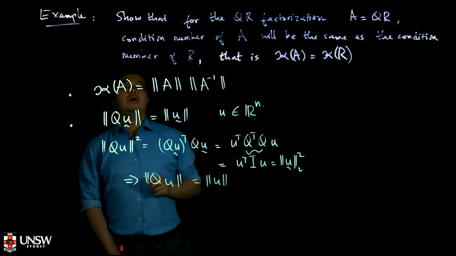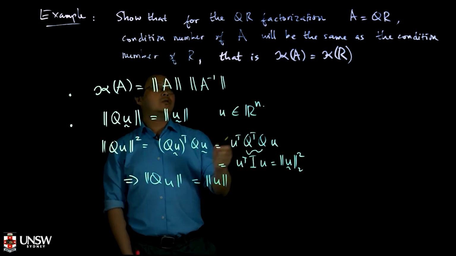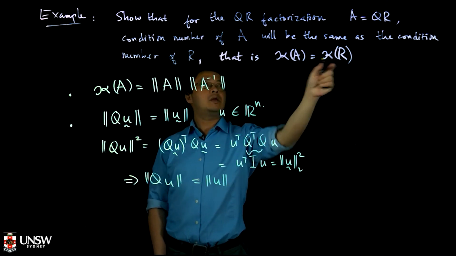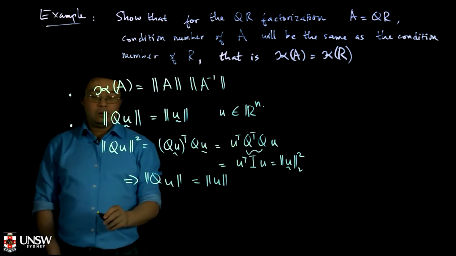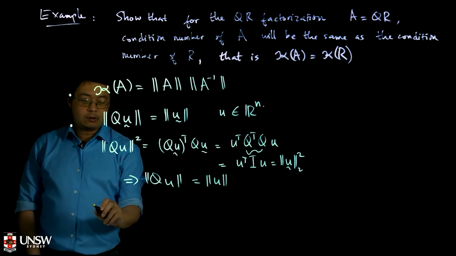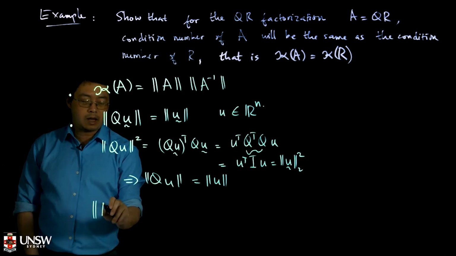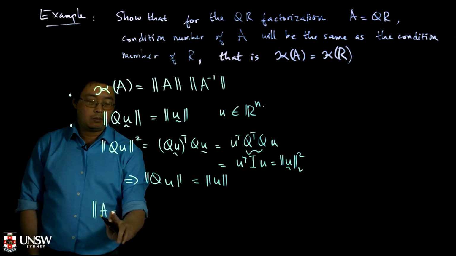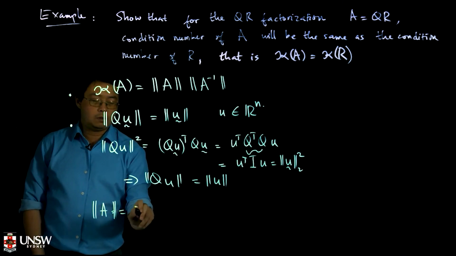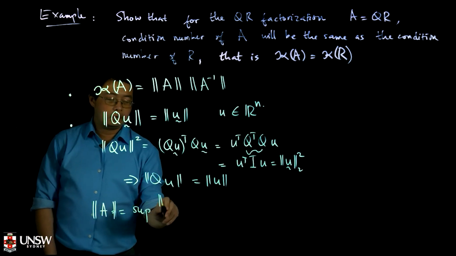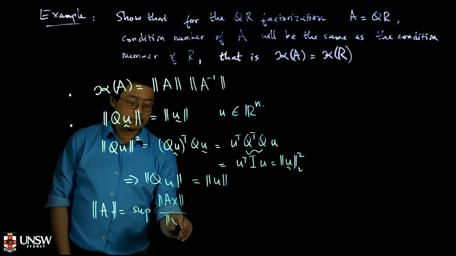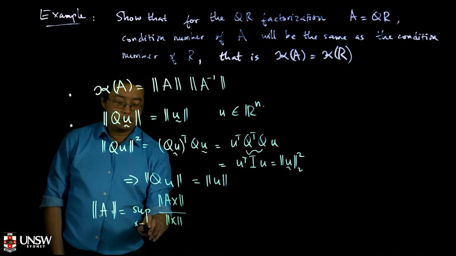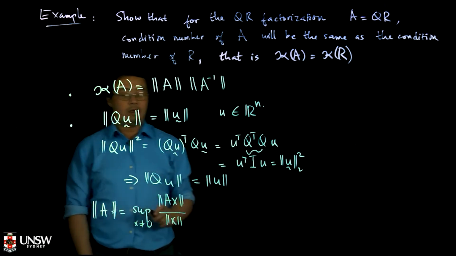Okay, so now how do we show the condition number of A is the same as the condition number of the matrix R? If you go to the definition, what is the norm of a matrix? The norm of matrix A will be the supremum of the norm of AX over the norm of X, for non-zero X. Okay.